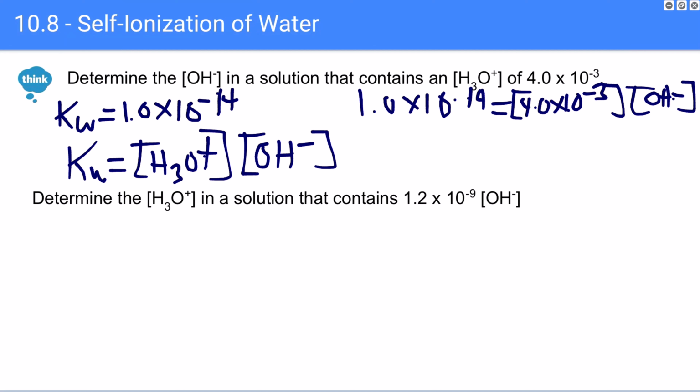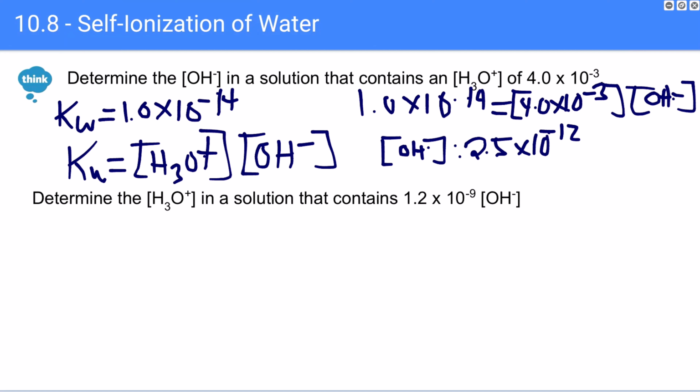Then we just do a little bit of algebra here. We're going to take 1 times 10 to the negative 14th and divide that by 4 times 10 to the negative third. If you need to, put it in parentheses, like I forgot to do. And so what we get here is our OH- equals 2.5 times 10 to the negative 12th.